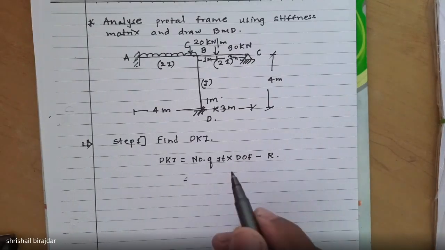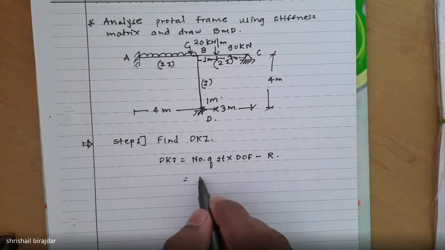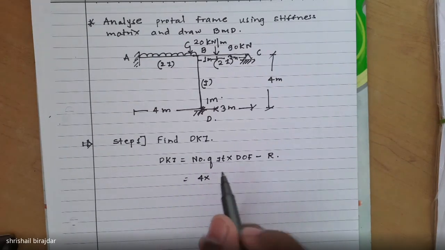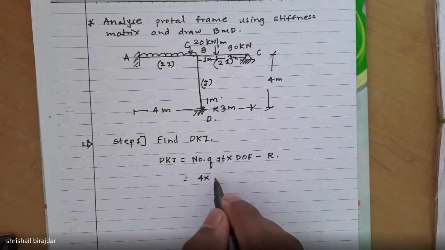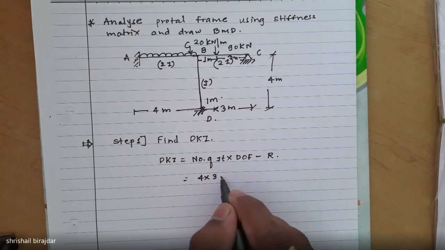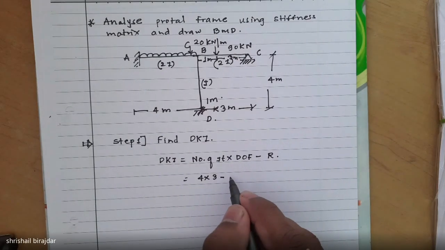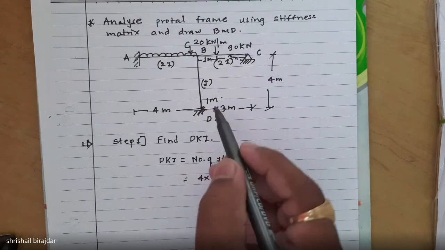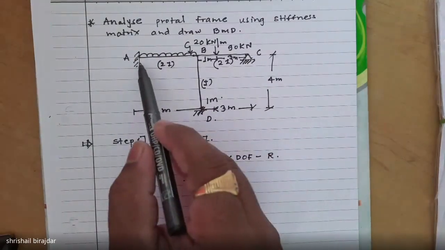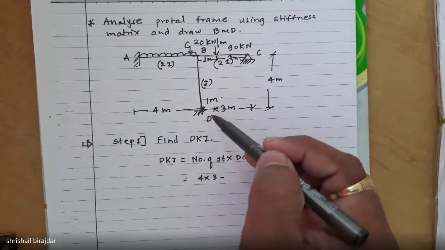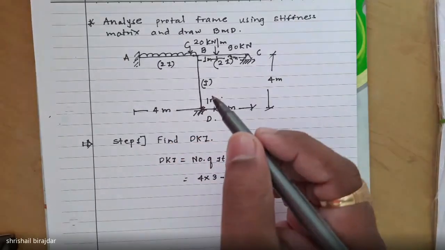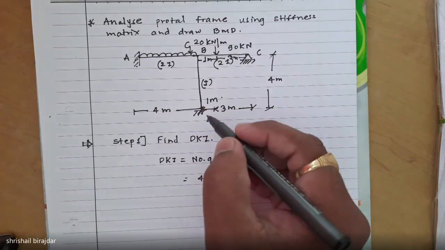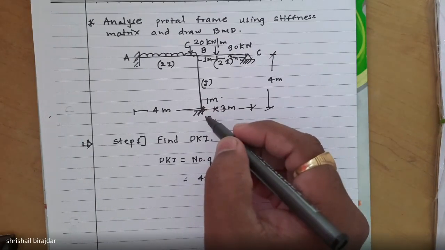We have 4 possible joints available here: A, B, C, D. Therefore, for each node, we consider the degrees of freedom as 3, minus reactions. How many reactions are present here? For support A, which is a fixed support, and at D, also a fixed support, for fixed support we consider 3 reactions: 2 translations and 1 rotation.